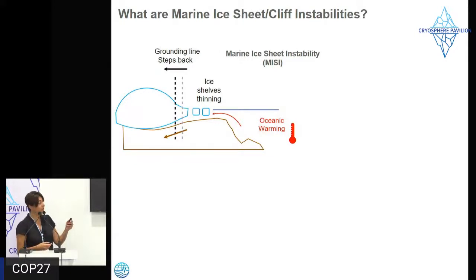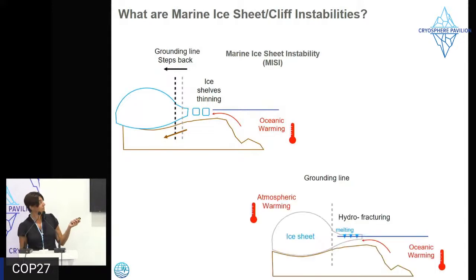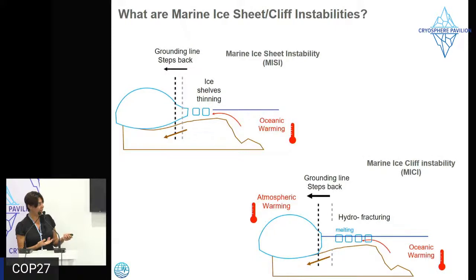Because it means that we have to determine the threshold of oceanic temperature from which such disintegration might occur. Another kind of instability is what we call the marine ice cliff instability, which also occurs on the ice shelf and has the same effect. It is due mostly to surface melt.